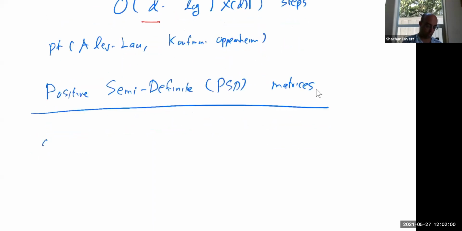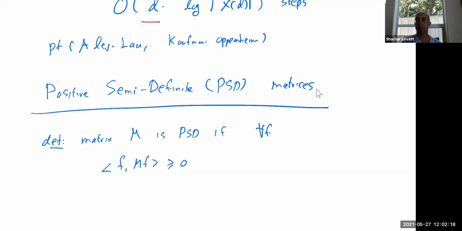So the definition: a matrix, let's say M, is PSD if for any vector F, F transpose M F is non-negative. Or equivalently, all the eigenvalues are non-negative. Because this is what's called the positive semi-definite matrix.